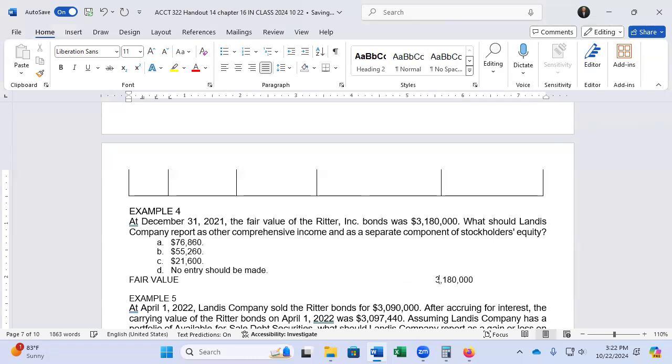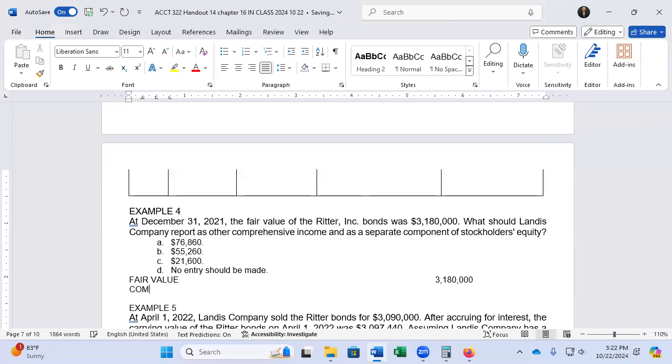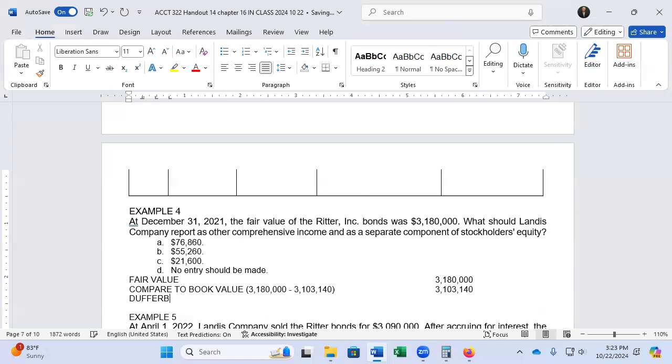And we have to compare that to the book value, which in this case is 3,103,140. $3,180,000 minus 3,103,140, and the difference is going to be 76,860.